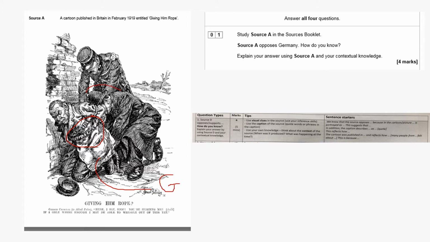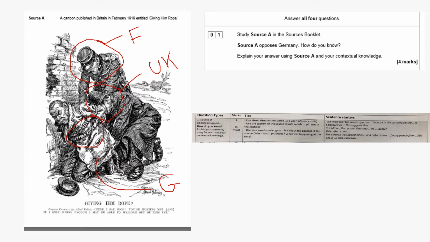He's got the hat that you'll see policemen wearing. And this outfit is a typical French policeman. So we can see that a French and British policeman are arresting Germany and they're using the terms of the armistice to tie him up. That'd be your first point.